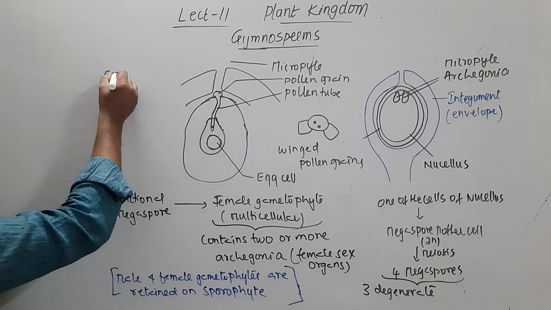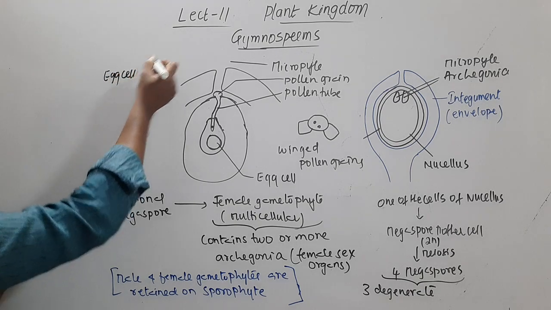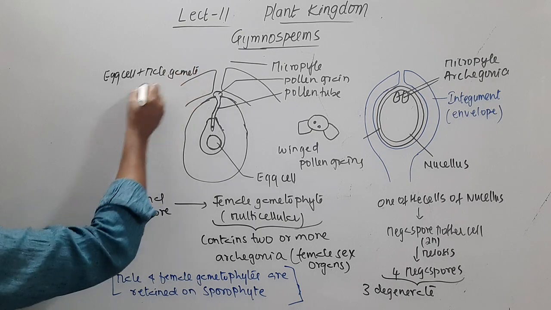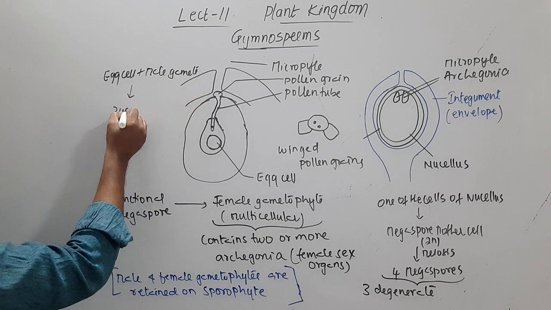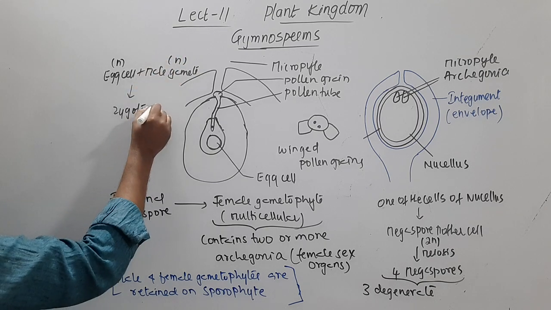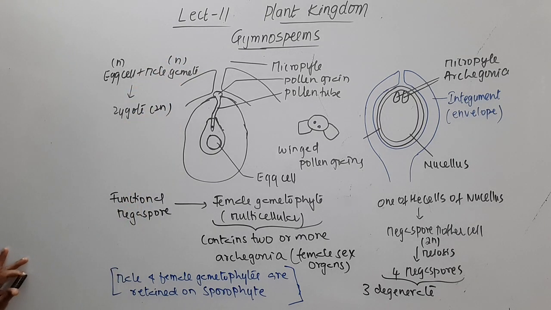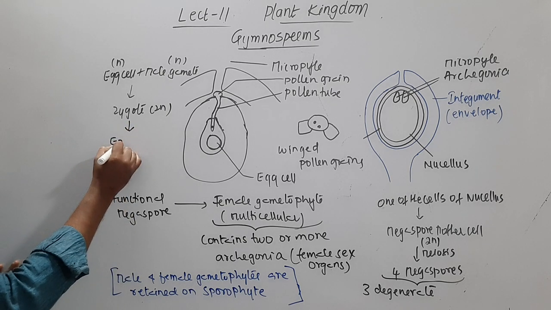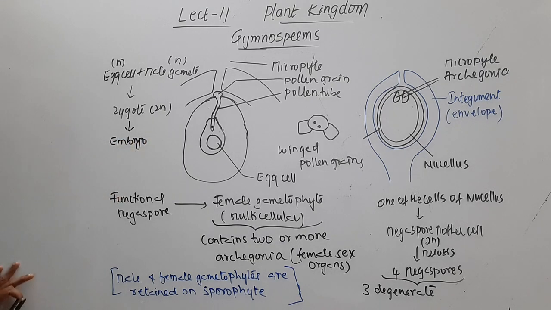The egg cell and the male gamete form the zygote. The gametes are haploid, and the zygote will be diploid. This zygote develops into an embryo.